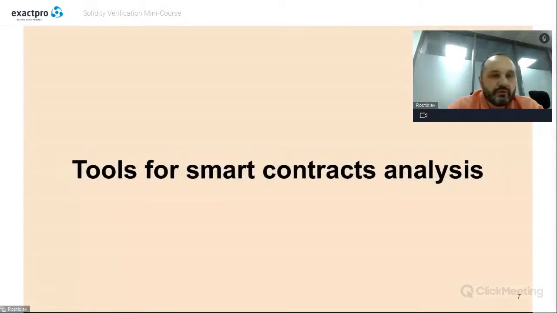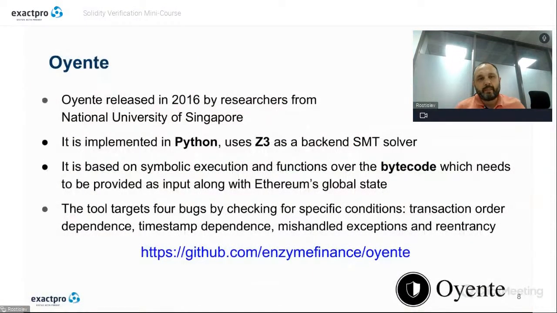Okay, so let's switch to the main topic today, and it's about smart contract analysis tools. I'll start with Oyente, which is quite a well-known tool. It's more than 5 years old already, and it was released by the National University of Singapore.